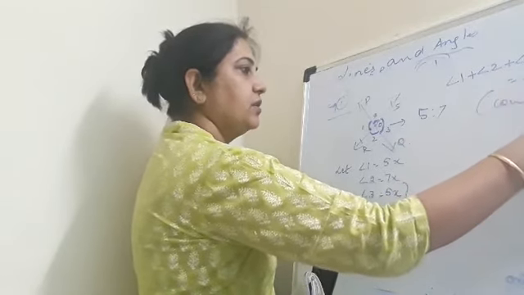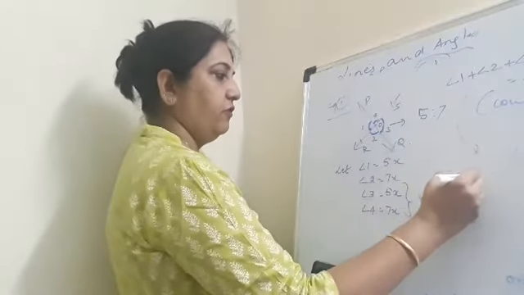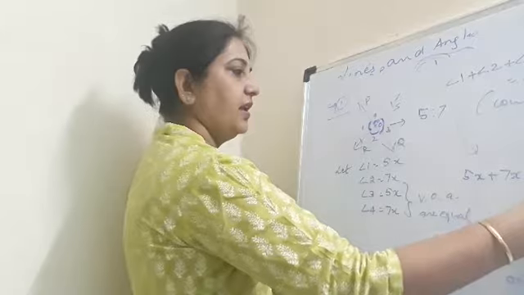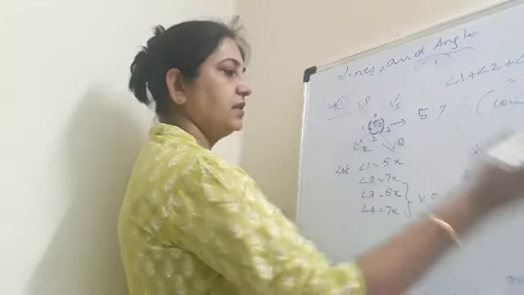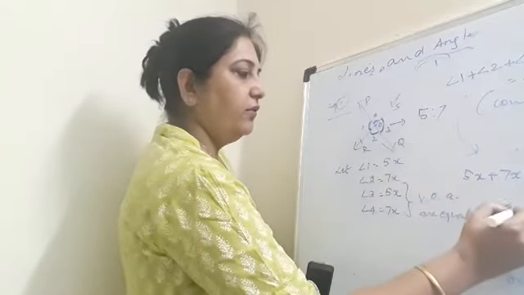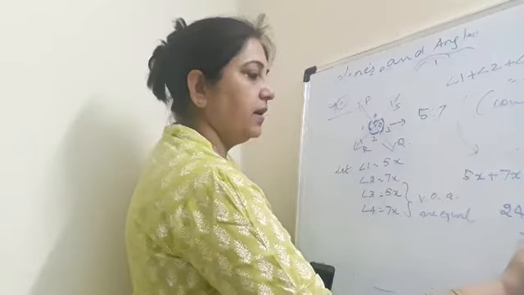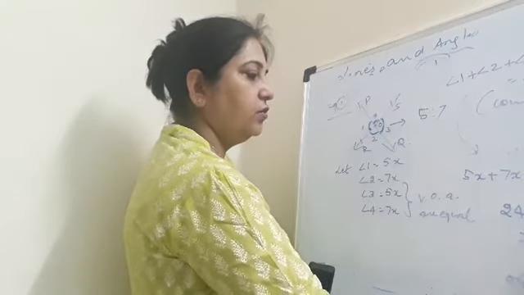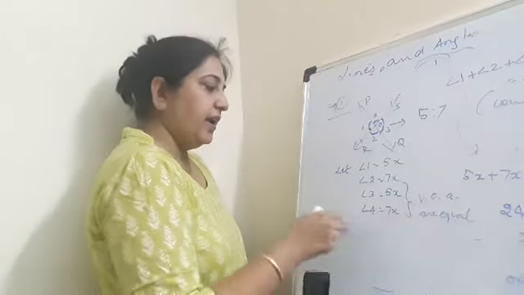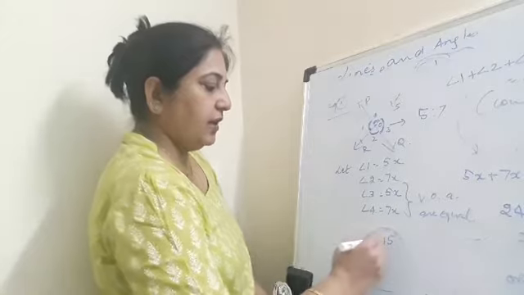You can also use the linear pair property. Then we write 5x plus 7x plus 5x plus 7x is equal to how much? 360 degree. 7 plus 5 will give you 12, 12 and 12 will give you 24x equal to 360 degree. x will be 360 by 24, that is 15. So x is 15.